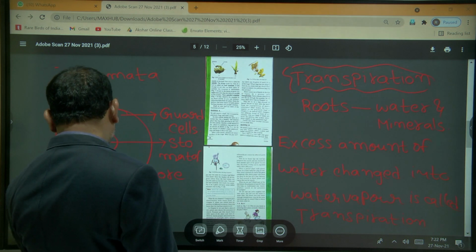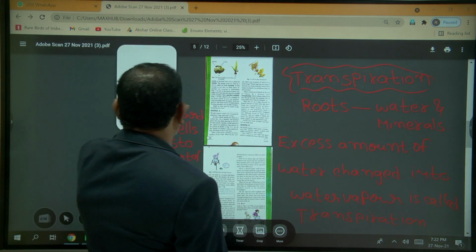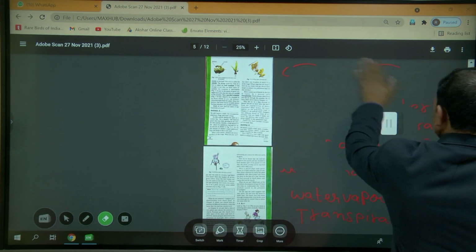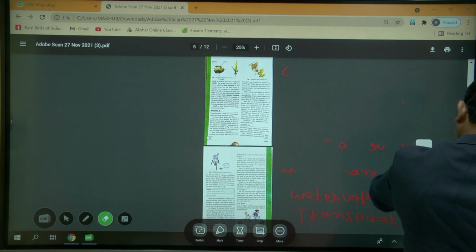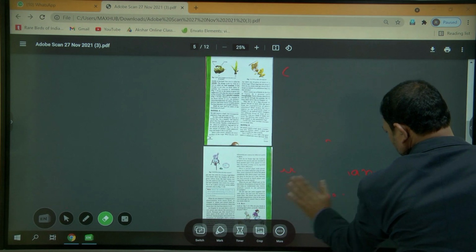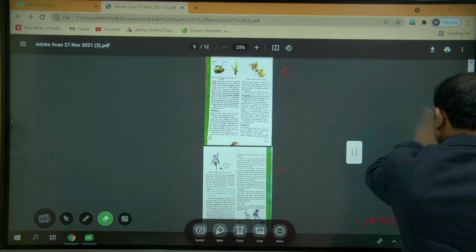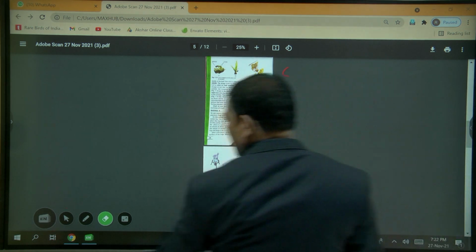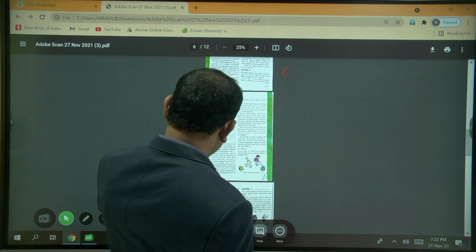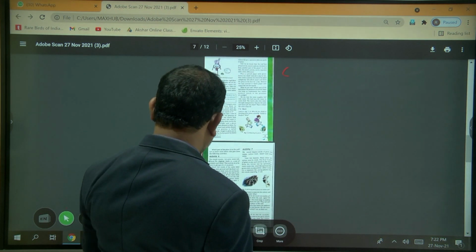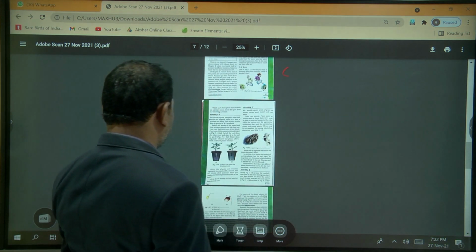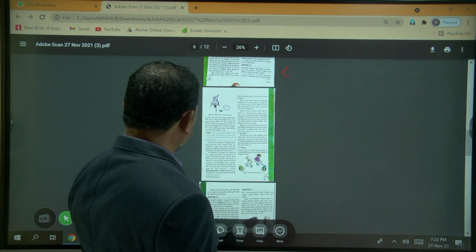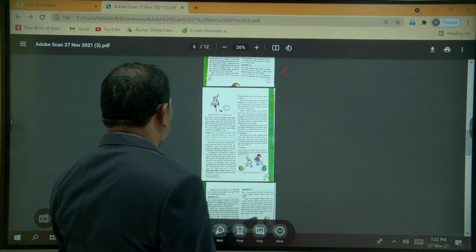Okay, now coming to the point. So these are all the activities we have discussed. Photosynthesis occurs especially in the leaves.